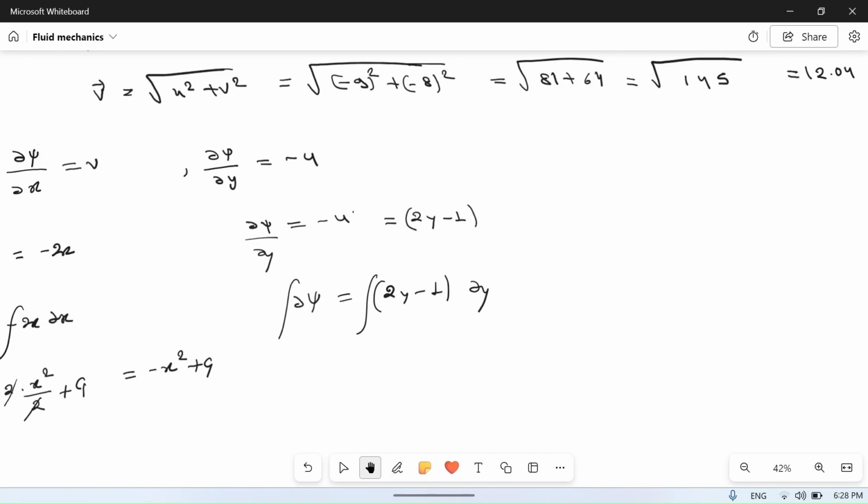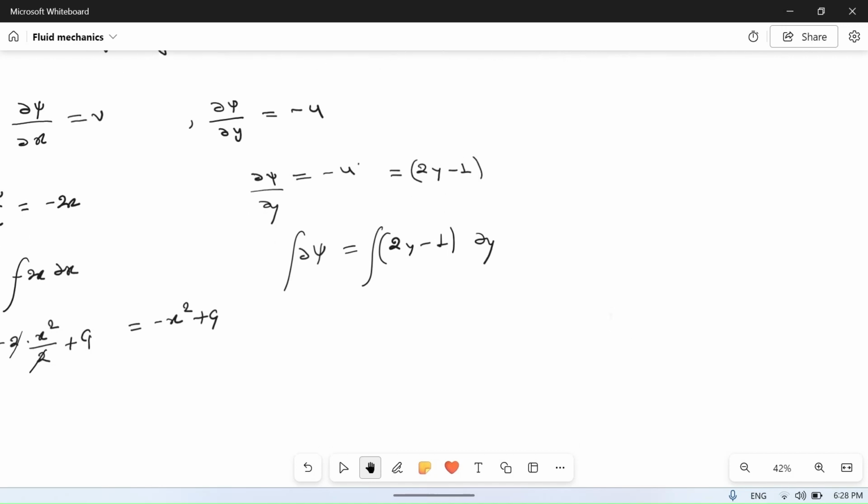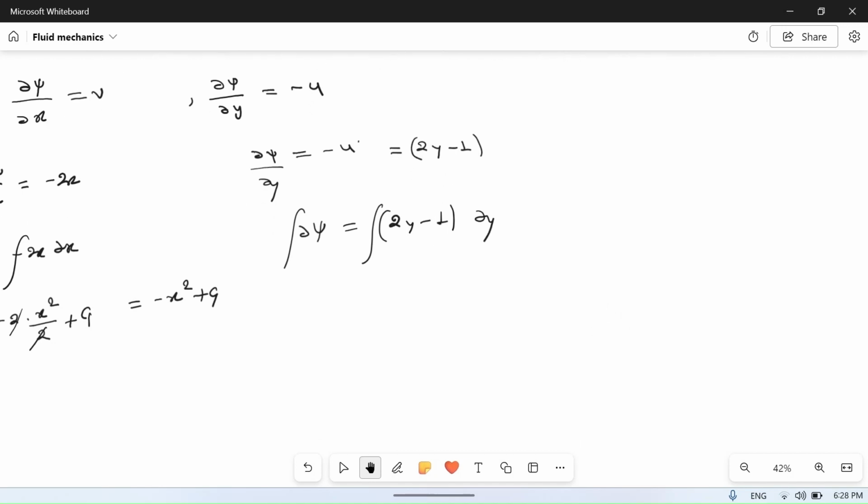If we integrate both sides, psi will be equal to 2 into y square by 2 minus y, plus c2, the constant of integration. So it becomes y square minus y plus c2.